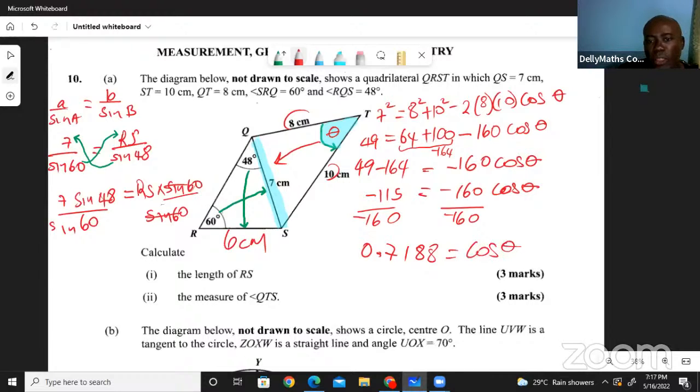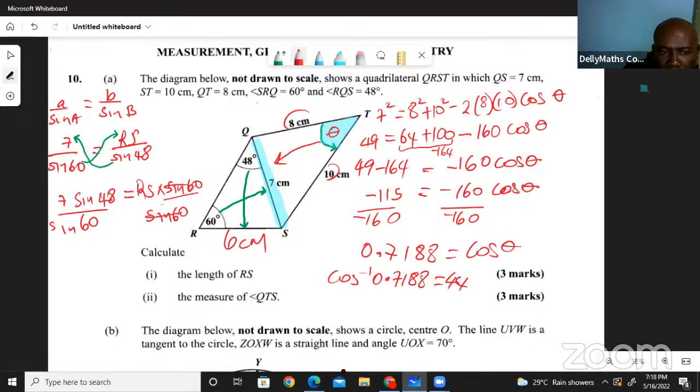So in order to find the angle, now I have to go cos inverse. So I'm going to go cos inverse of 0.7188, and that is going to take me to the answer. Cos inverse of 0.7188, and I'm looking at 44 degrees.